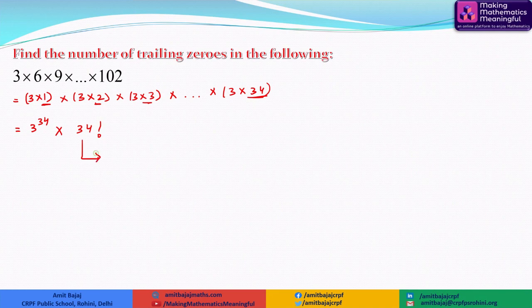Again, the number of zeros will be contributed by 34 factorial only, which we can easily count. This is 6 point something, so we'll choose only 6 out of here. And again 6 by 5 is 1 point something, we'll take only the integer value, that is 1. So add them up and that will give me the total number of zeros as 7 in this product.